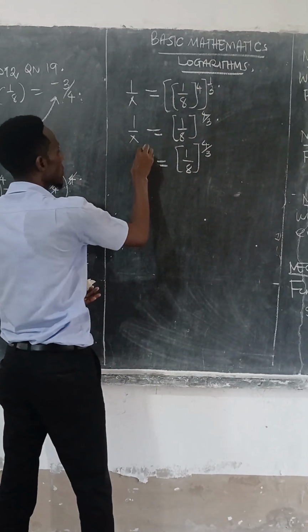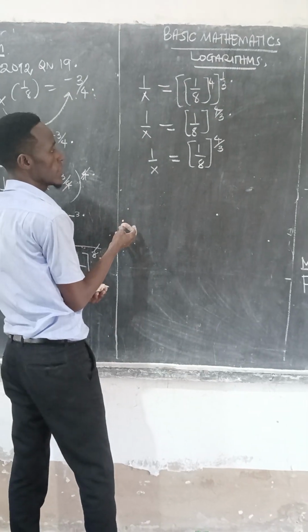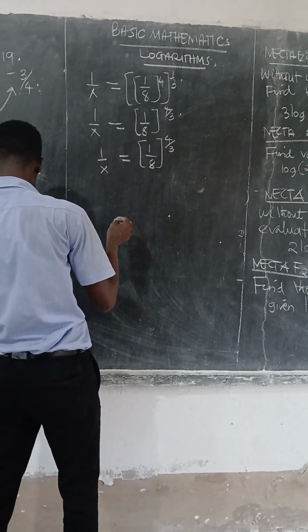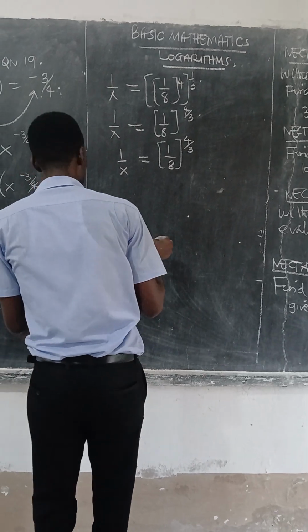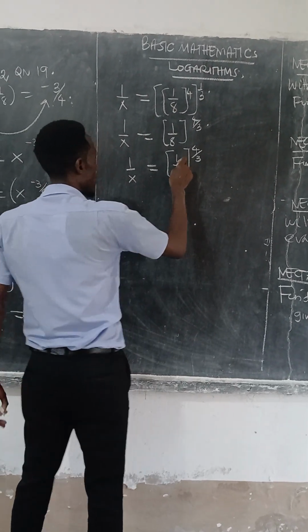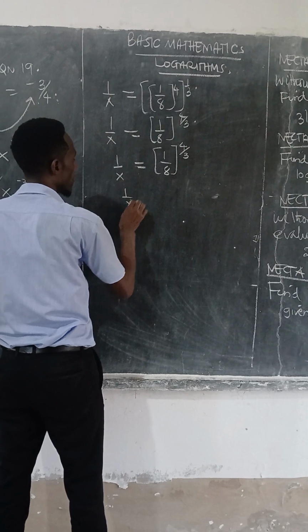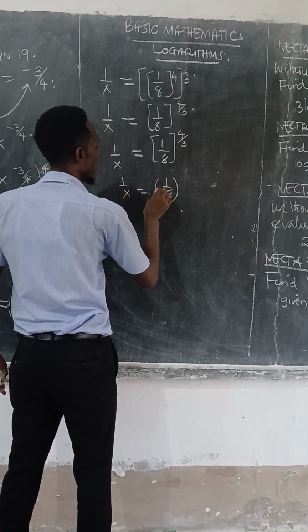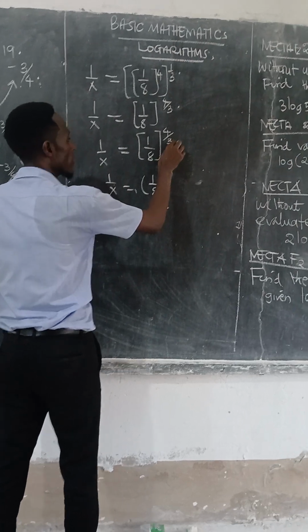But it was just to find the value of x, so you operate on it. On this side you have 1 over x equal to 1 over 8, then exponent 1 over 3. The exponent 1 over 3 means the cube root.